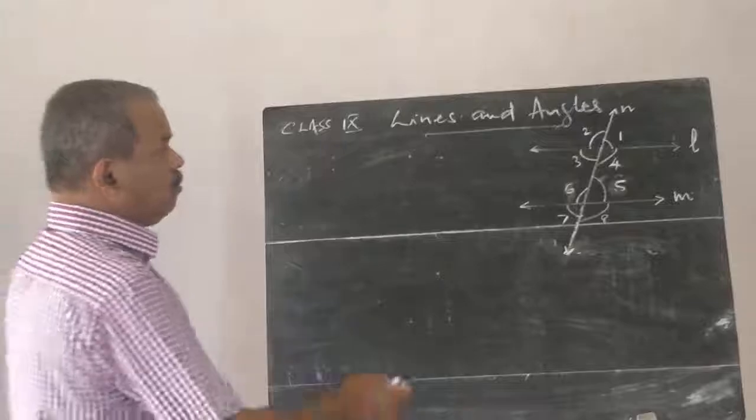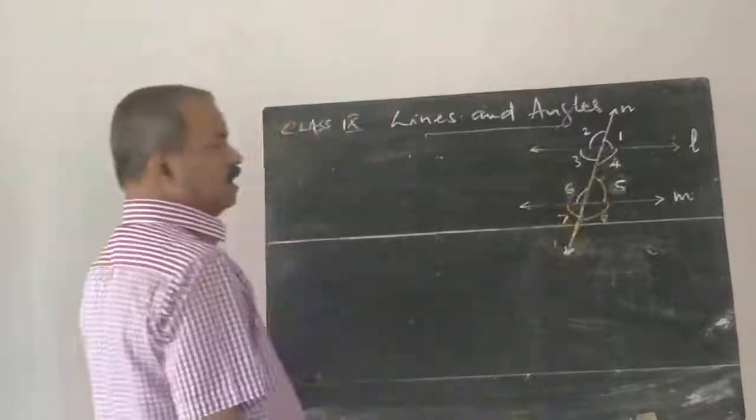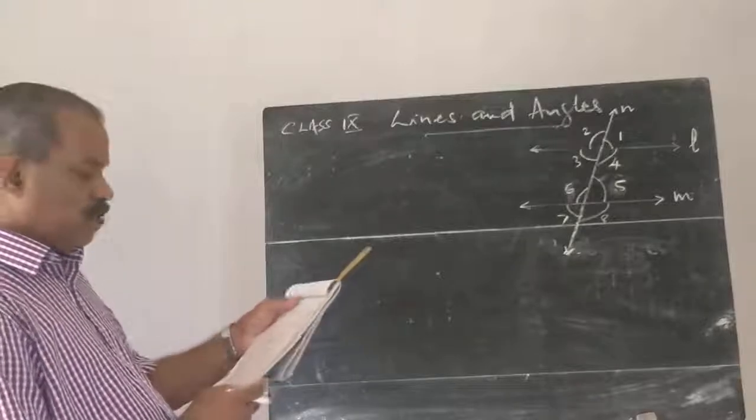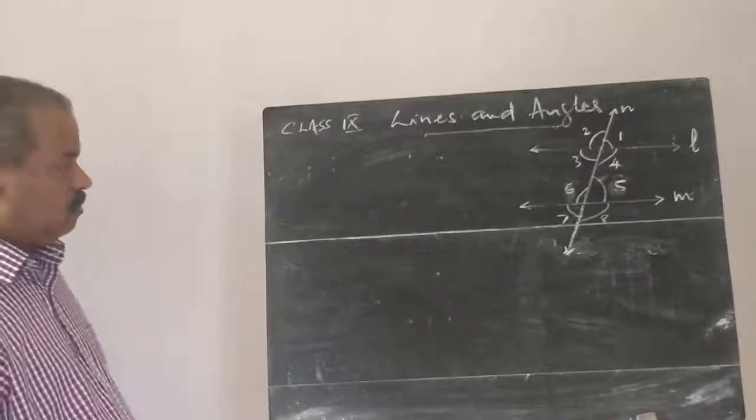Axiom 6.3: when two parallel lines are intersected by a transversal, the corresponding angles so formed are equal.